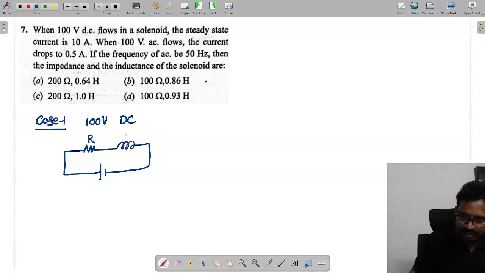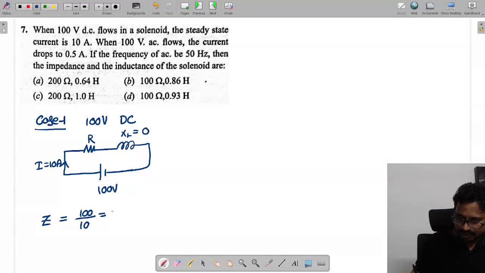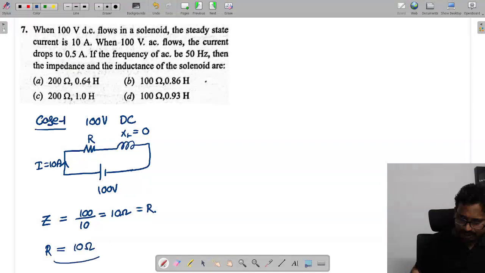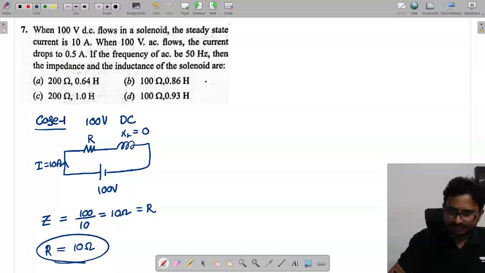The inductor offers an XL value of 0, and the DC voltage is 100 volts with a current I of 10 amperes. So the impedance is voltage by current, which is 10, and that should be equal to R, since the reactance of the inductor is 0. So R is equal to 10 ohms.